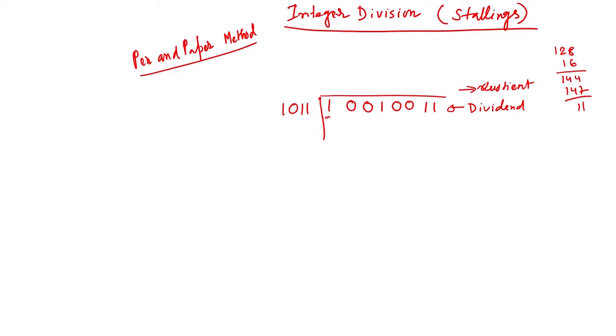This is smaller than the entire divisor, so this should be 0. Then taking the next bit together, this is also smaller, so this should be 0. This number 100 is also smaller than 1011, so that should be 0. 1001 is 9, but the divisor is 11, so this should again be 0.